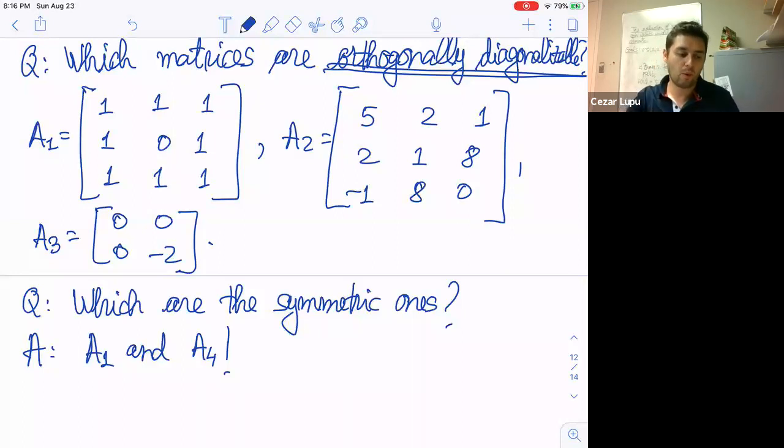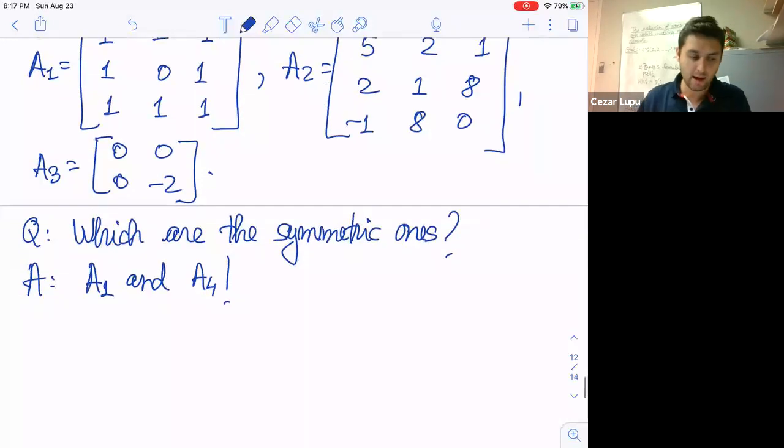But now we would like to see how to orthogonally diagonalize such a matrix. Now we only know which ones can be orthogonally diagonalized, but we actually want to apply the procedure of orthogonal diagonalization.